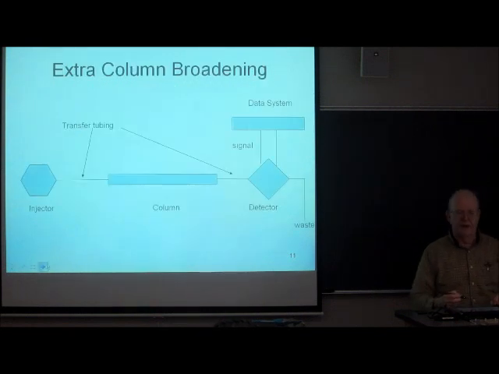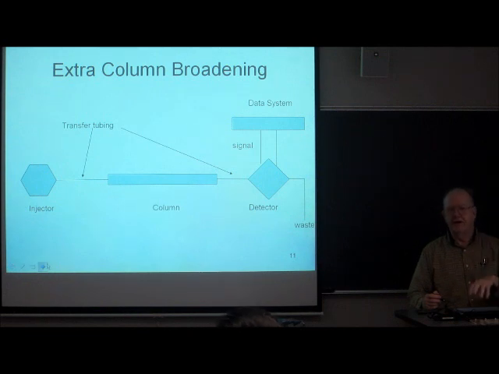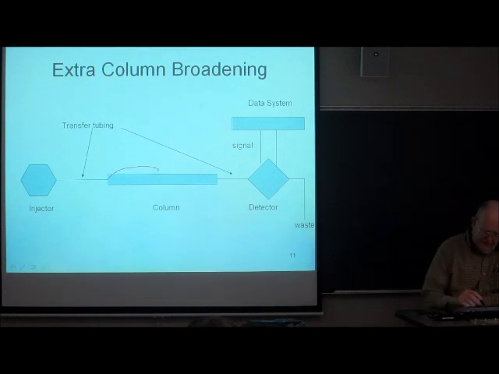Okay, so we're going to move on now to extra column broadening. Here's my attempt at the simplest possible block diagram of any chromatograph. If you can make a chromatograph work with fewer components than this, let me know. Every single part of the instrument can degrade the separation that you get in the column.